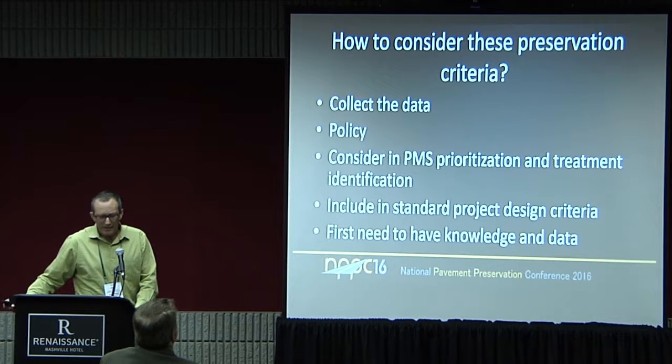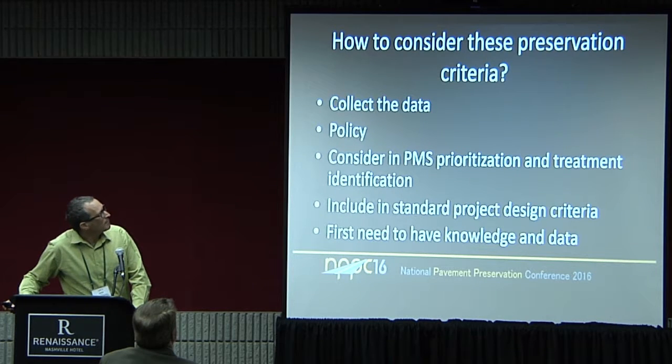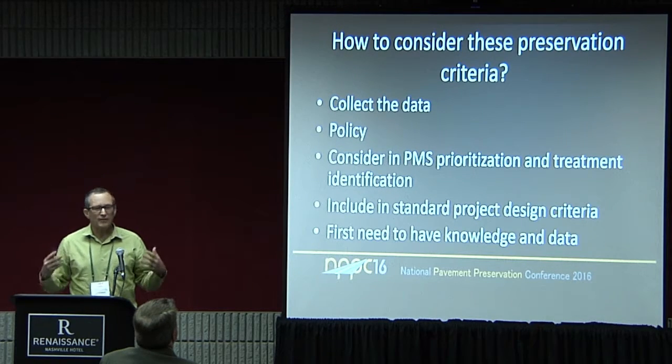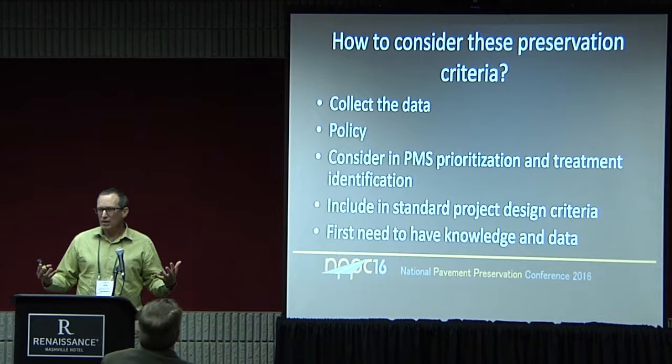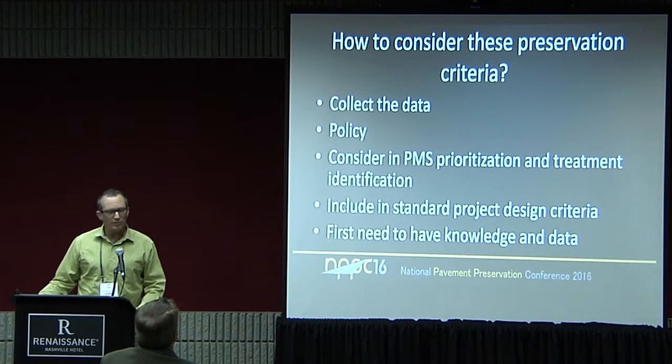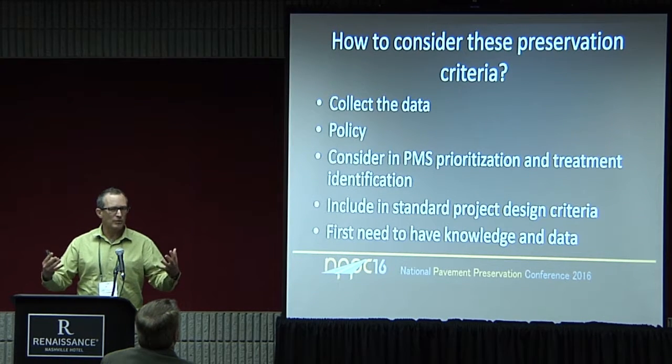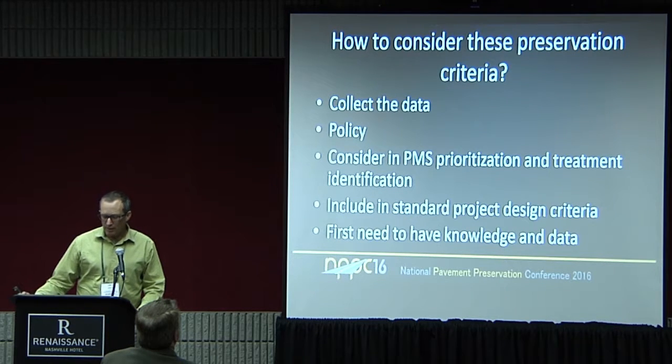So how to consider these preservation criteria? The first thing we have to do if we're going to consider these additional functionalities is collect the data and build these models so that we can bring these into decision making. We're trying to fill these gaps. There's really not a lot of information out there about these other potential priorities.